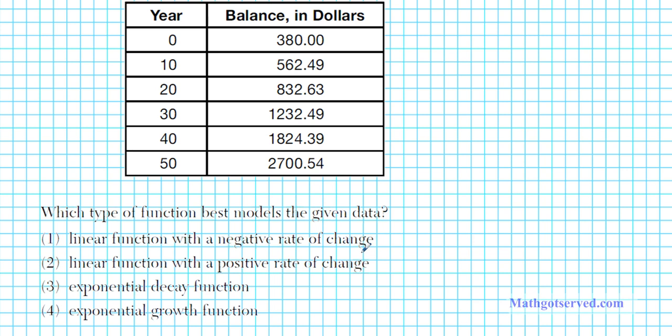Well, since the function is linear, the rate of change is going to be constant. Since it's a negative rate of change, the linear function is going to be decreasing at a constant rate.